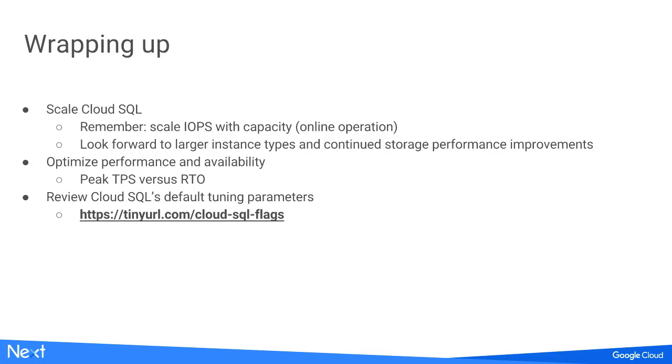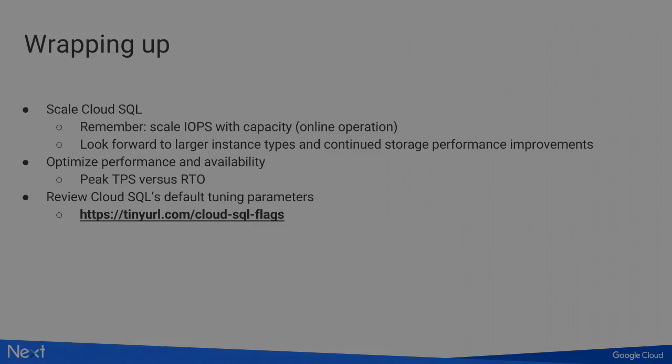The numbers will surely change in the future. Stanley mentioned we showed TPS on the y-axis. I'm sure the numbers will change over time, but the general implications of semi-synchronous replication in MySQL won't change nearly as fast. So hopefully you're familiar with those now. Again, visit our GitHub gist page for all the InnoDB tuning parameters. That way, if you are self-managing on GCP, you can get started more quickly.